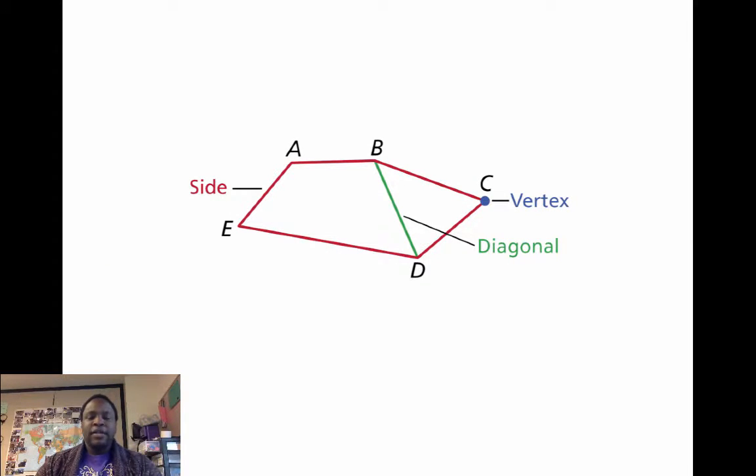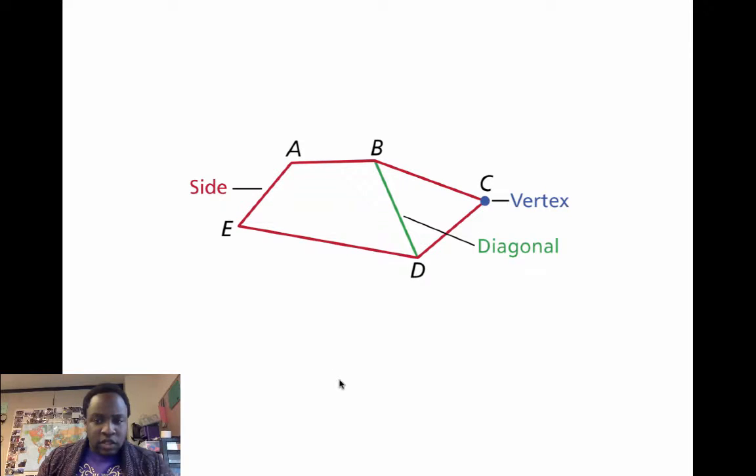So here's some vocabulary. First is side. So the side is a segment. So like segment AE is a side of this polygon. The vertex is where 2 segments or sides meet. So this one has 1, 2, 3, 4, 5 vertices.